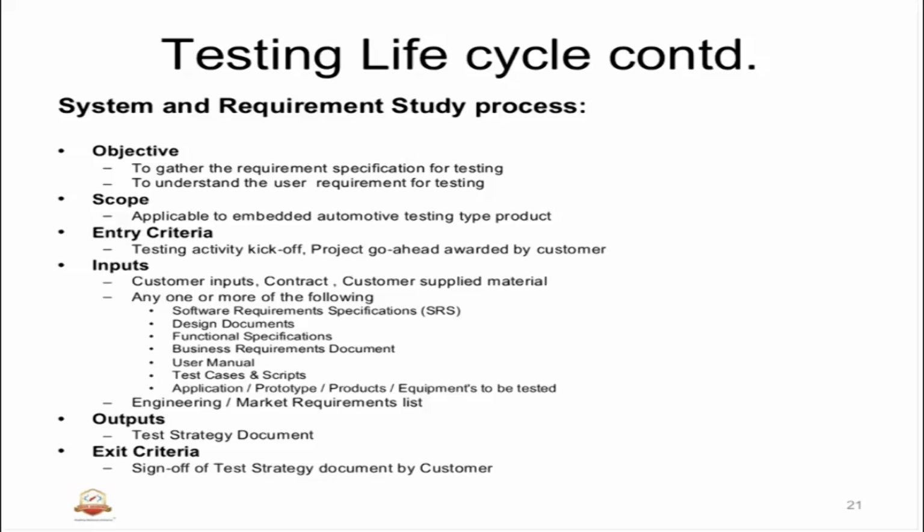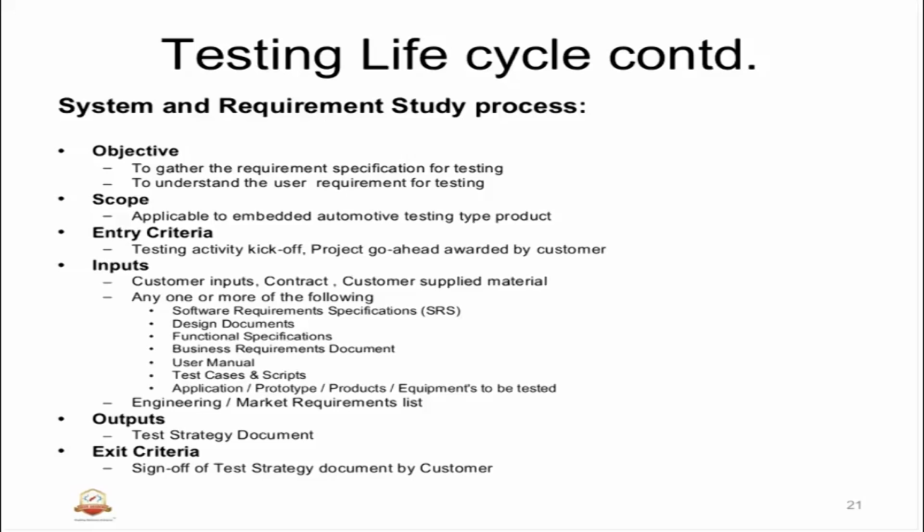Entry criteria will have a kickoff and go ahead from the approving authority or the customer. The inputs that are required for this study: these are all customer inputs, any material, SRS, design documents from the development team or the developed product, functional specification, business requirements, user manual, test cases, scripts, any sample scripts if they have done for doing an initial testing at the customer end or the developer end, that also can be input.